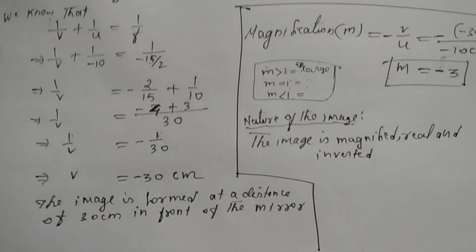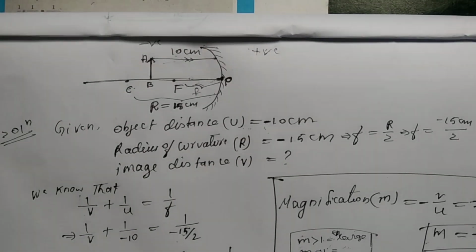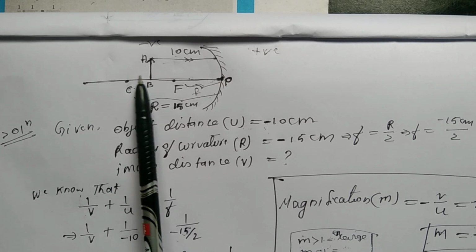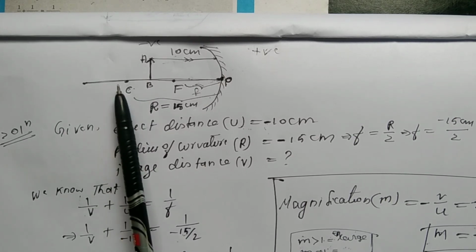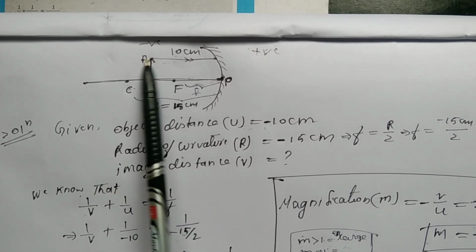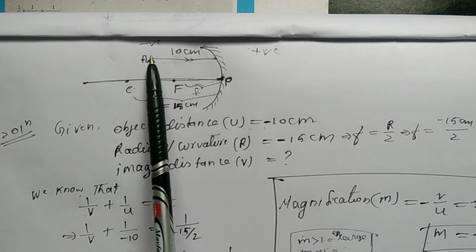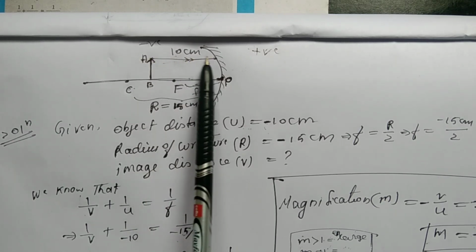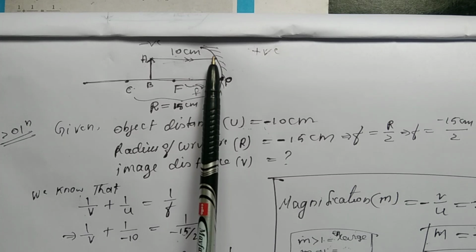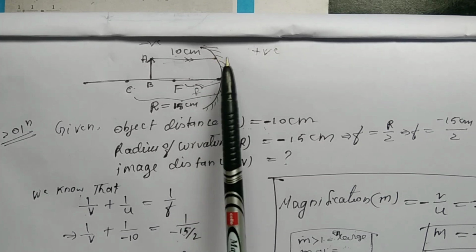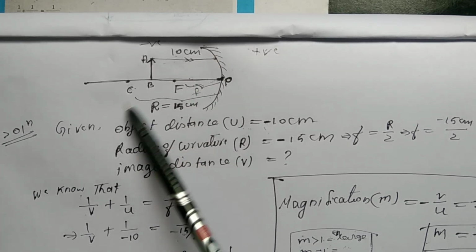And if we draw the ray diagram for this, the position of the image, this is the incident ray. The ray coming from the object travels this side and strikes the mirror. After striking the mirror, it reflects this side, isn't it?